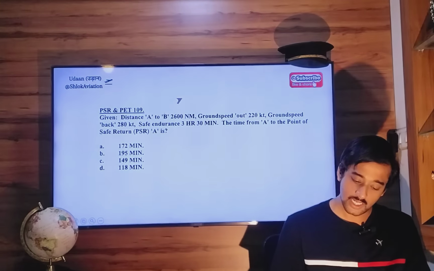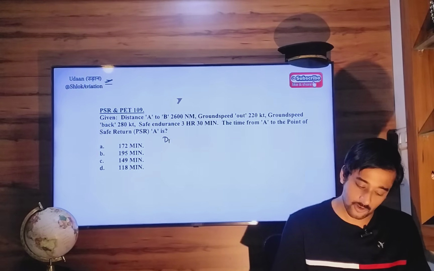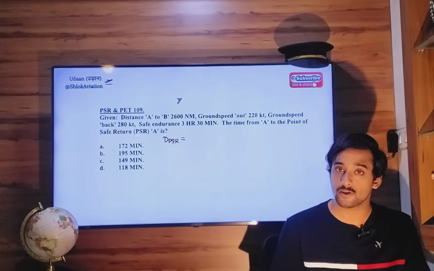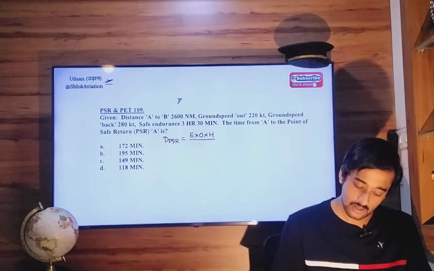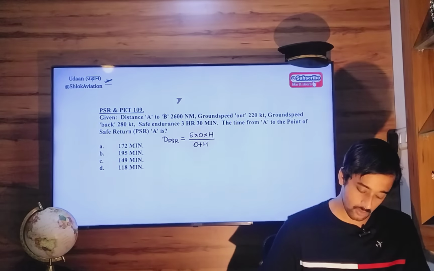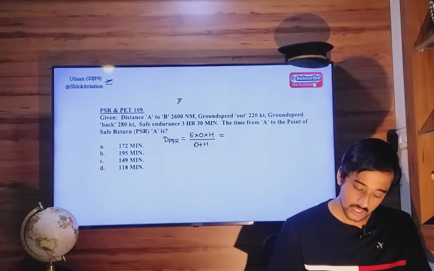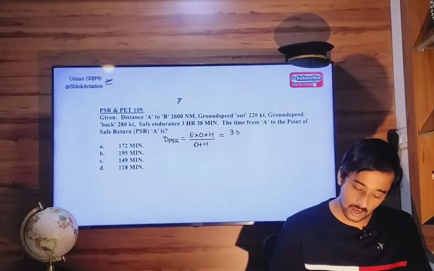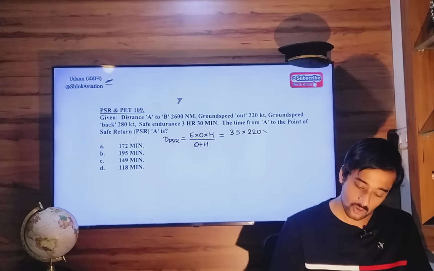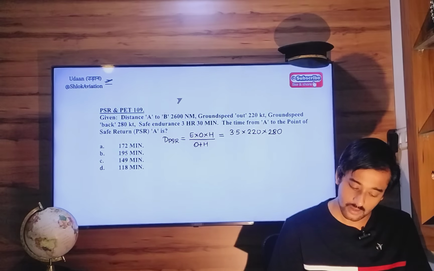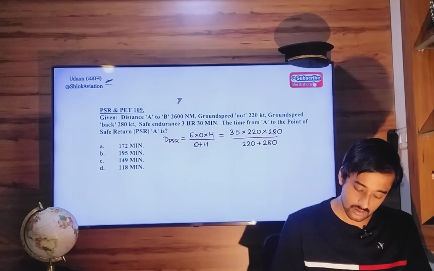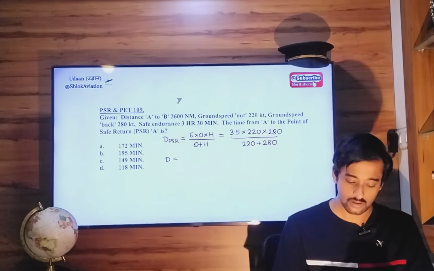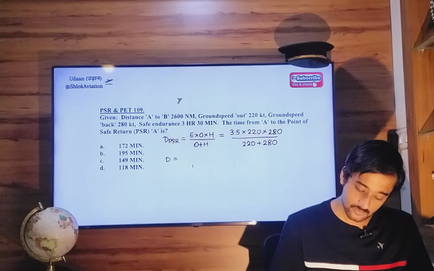109. What is the time to the point of safe return? So first let's find distance to the point of safe return: endurance into outbound into homebound divided by outbound plus homebound. Endurance is 3.5, outbound speed 220, homebound speed 280, 220 plus 280 is 500.